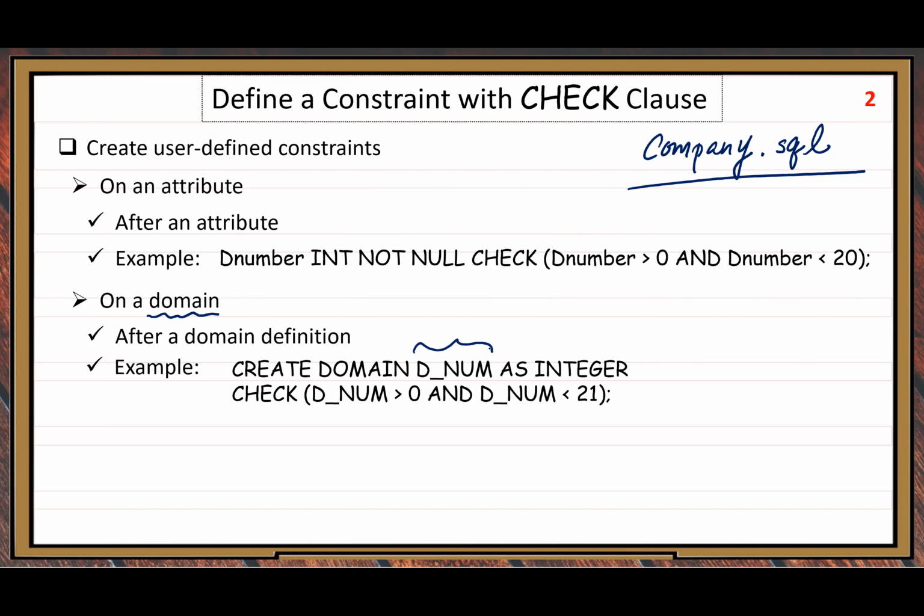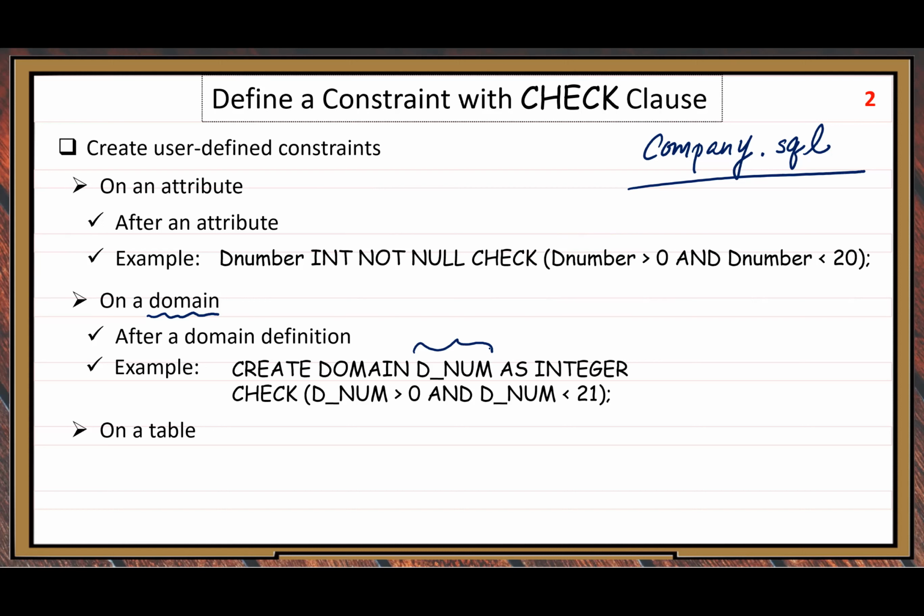Later you can apply the domain on a particular field directly, so you do not need to repeat the same range information anymore. That's the way we can use this domain. So that's case number 2.